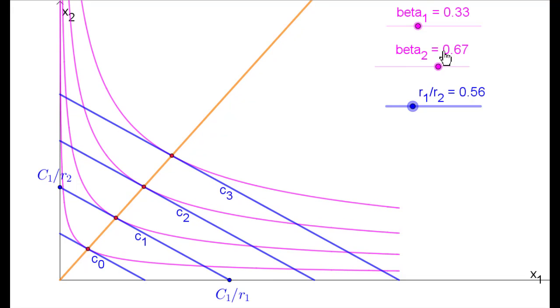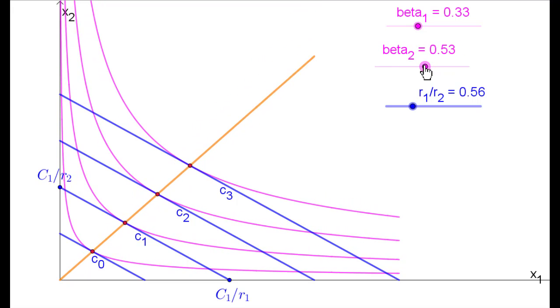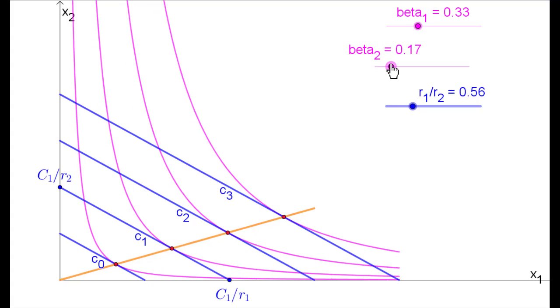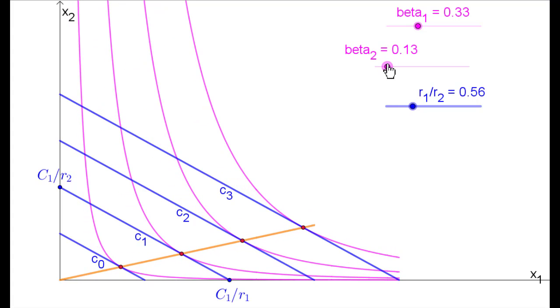Now let me change the beta values. Again, each beta is the elasticity of production for the Cobb-Douglas function. If I change this beta 2 value, you can see that the shape of the isoquant curve of the Cobb-Douglas function changes.